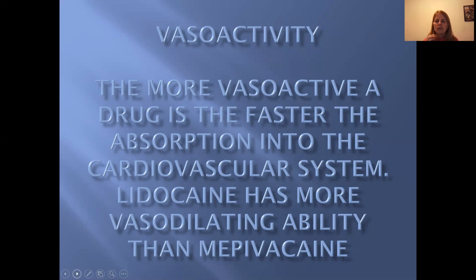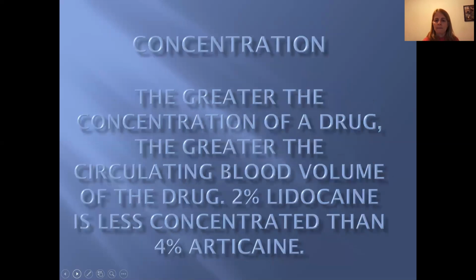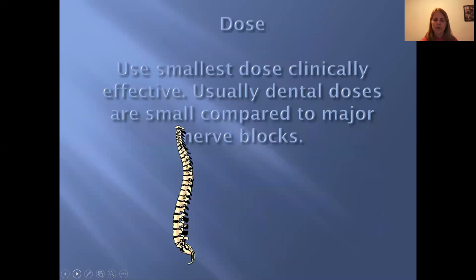So if we looked at lidocaine and mepivacaine with no vasoconstrictor, just the anesthetic itself, lidocaine has more vasodilating ability, so it's going to leave the area quicker than mepivacaine would. The greater the concentration, the greater the circulating blood volume. 2% lidocaine, 2 drops in the pool, is less concentrated than 4 drops in the pool, 4% articaine.